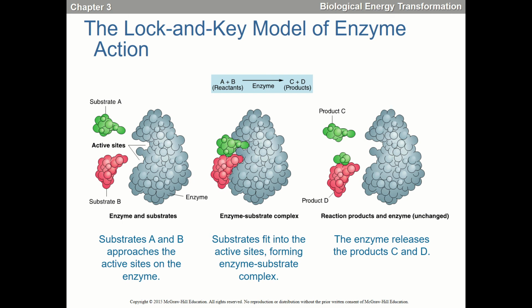Good? Okay, moving on. Now that's the lock and key model, meaning that this enzyme was essentially structured to deal with particular substrates.